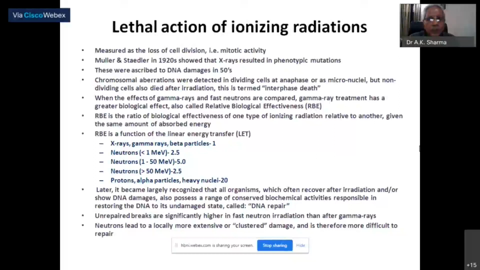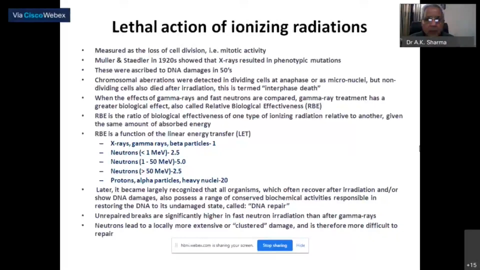So you know what the D10 value is. That means the dose that kills almost 90% of the cells. You can actually measure the loss of reproductive ability of the cell.